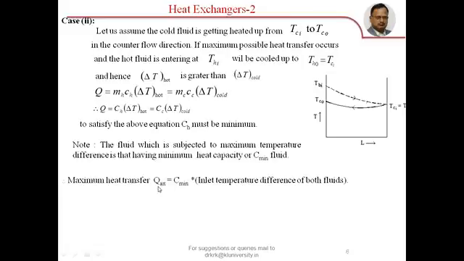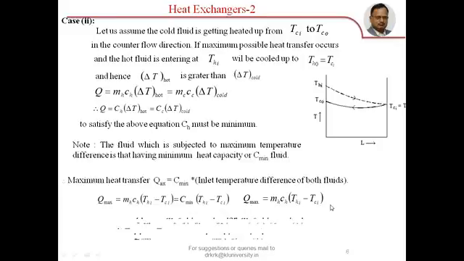So the formula for Q maximum is a general formula: C minimum into the inlet temperatures of both the fluids, that is, maximum delta T. So Q maximum is equal to C minimum into THI minus TCI. In this case, MHCH into THI minus TCI. Therefore, effectiveness is again Q actual by Q maximum.